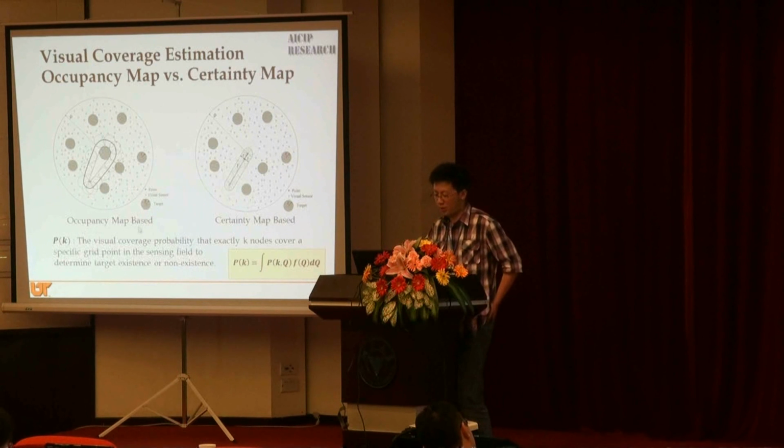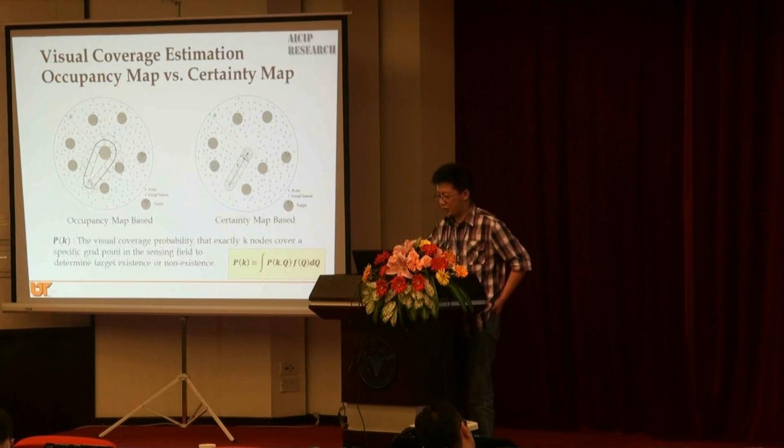The occupancy map based coverage estimation. We can see that when a target is in the detection area of the sensor, and there are no other targets in this area, we know that we can detect this target.